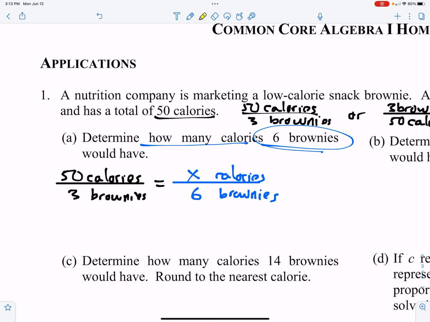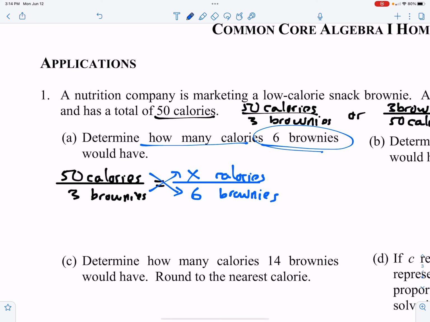Now, you might be able to do the math and just realize, oh, 6 is double 3, so the calories should be double 50, and you'd be right. The answer is 100, but let's see how we get there. Mathematically, what would we do?